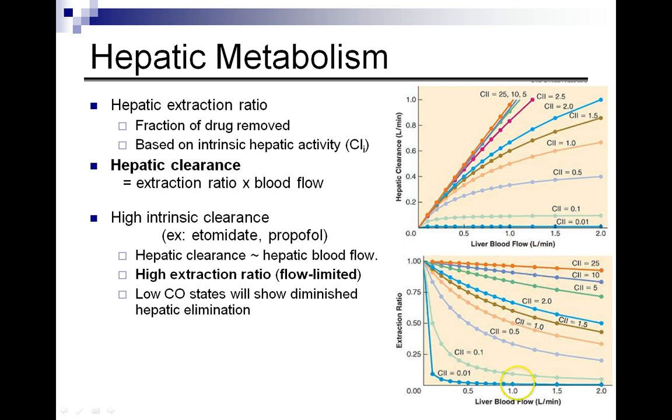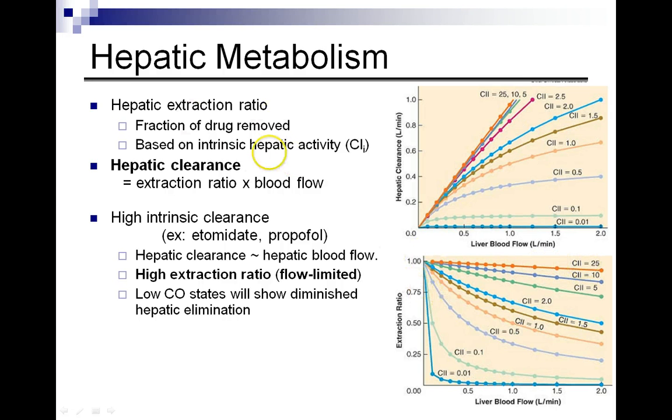Let's look at this second graph for just a moment. Again, here's a drug like propofol with a high intrinsic hepatic activity. So when liver blood flow is very low, of course, we're able to extract almost all the drug from the blood. But even if we continue to increase blood flow to the liver, it still extracts almost all the drug from the blood. Why?